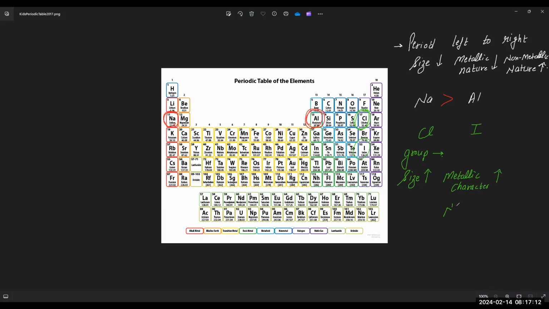What happens to non-metallic character down the group? Non-metallic character decreases. So which one is more non-metallic? Chlorine. Chlorine is more non-metallic than iodine. You are understanding this?